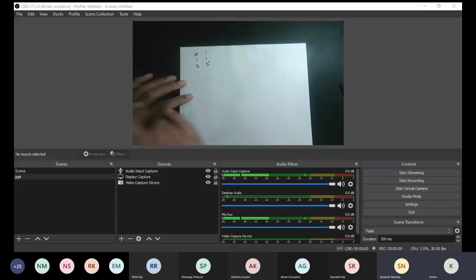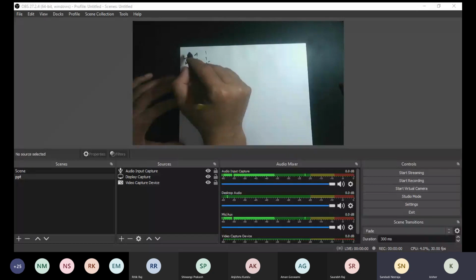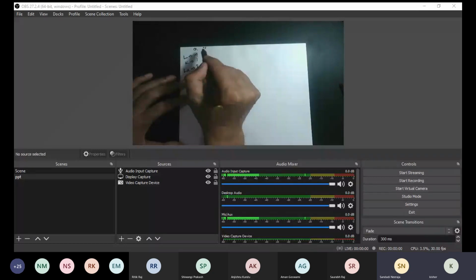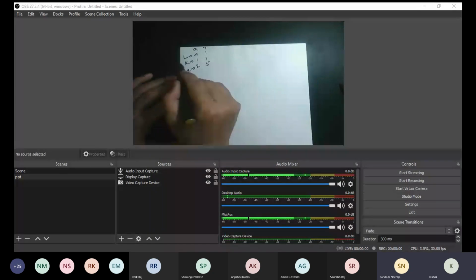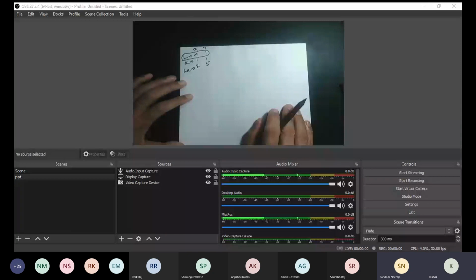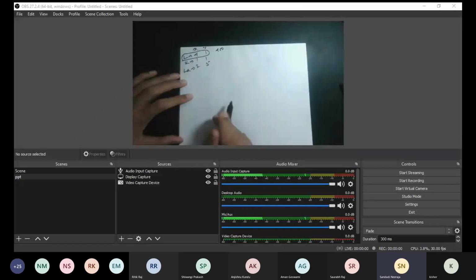This is for labor, this is for capital, and this is for land. This was for X, this was for Y. If we consider only labor, to produce, the maximum given is 400. 400 units of labor are given.